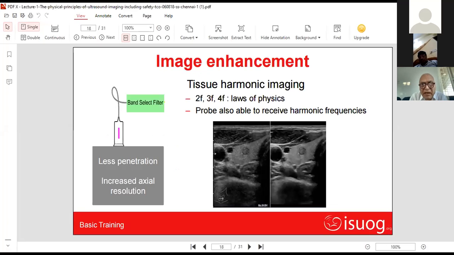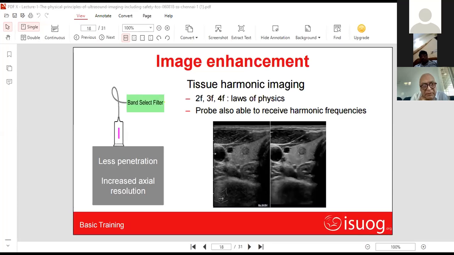Now, image enhancement: this is tissue harmonic imaging. Tissue harmonics means our transducer is sending a fundamental frequency, let us say 2 megahertz. But sound waves, being a mechanical pressure wave, will cause the tissues to vibrate.